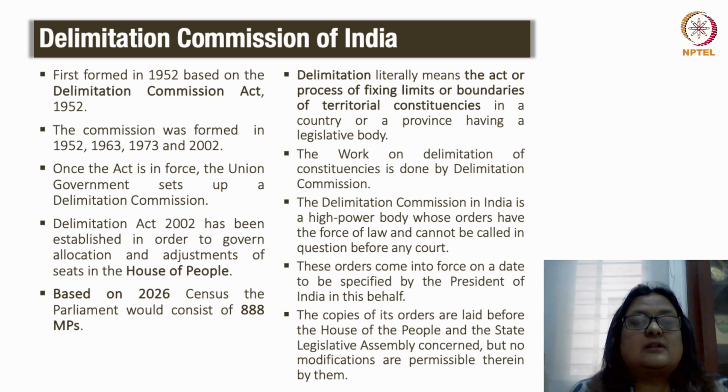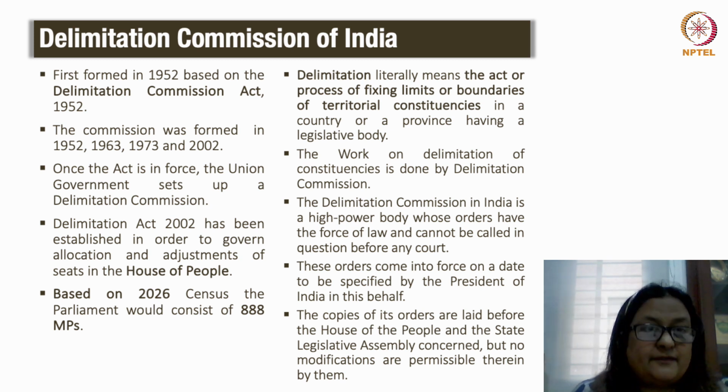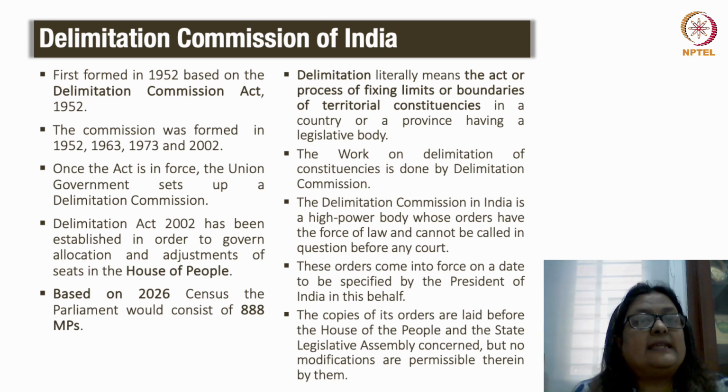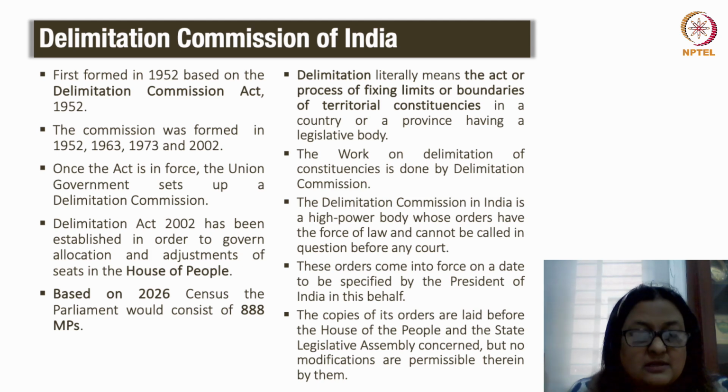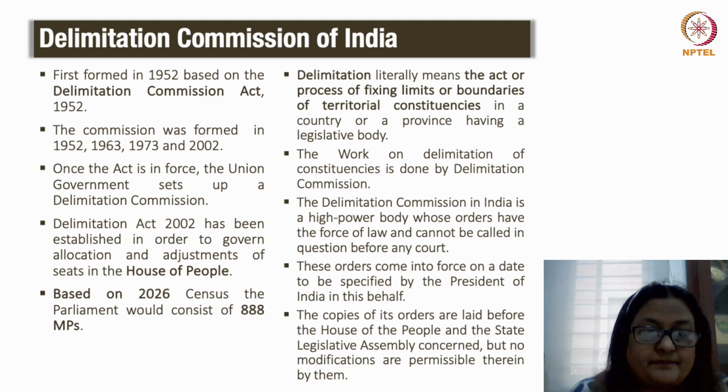The Delimitation Commission was first formed in 1952 based on the Delimitation Commission Act of 1952. So far, the commission has been formed 4 times: in 1952, 1963, 1973 and 2002. Once the act is enforced, the Union government sets up a Delimitation Commission based on the Delimitation Act.